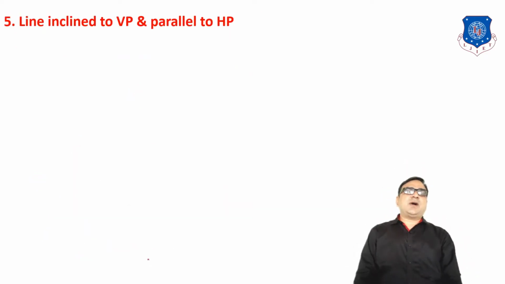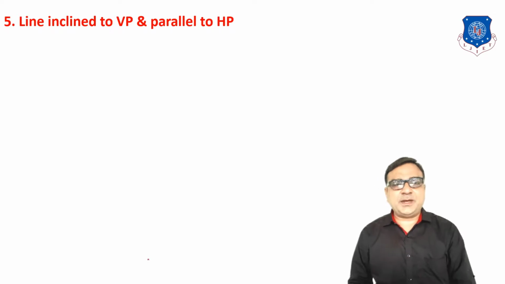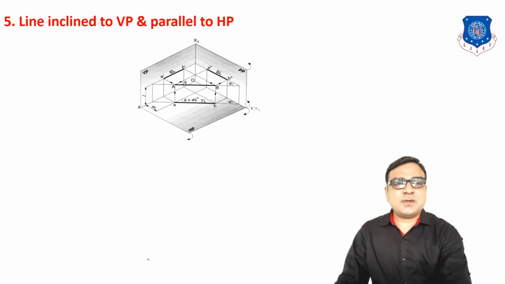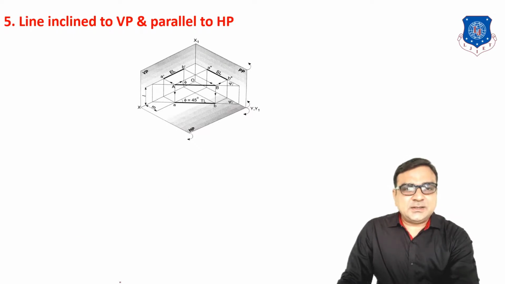Now case number 5, when the line is inclined to VP and parallel to HP. In this case, our line is inclined at phi angle with the vertical plane and parallel to HP.